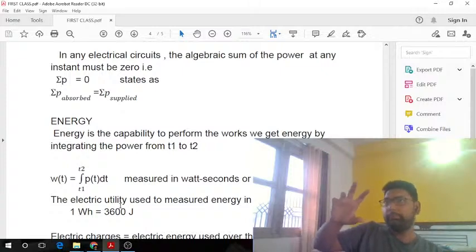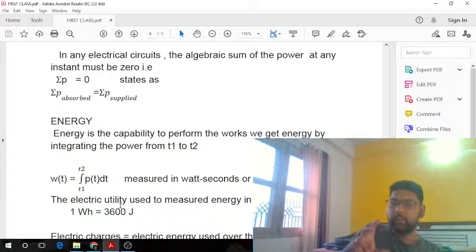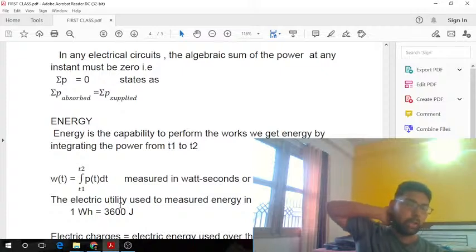We have to know the time period: at what time the work starts, and at what time T2 it stops. By integrating the power consumed between these two times, we calculate the work done. Work done in the electrical domain is measured in watt-seconds, that is, joules.